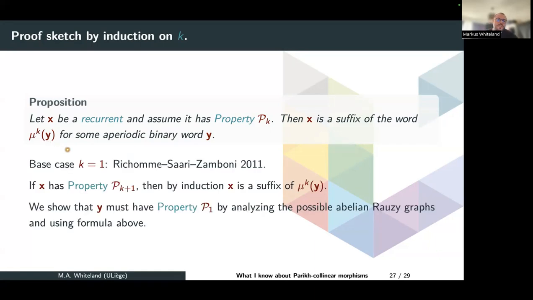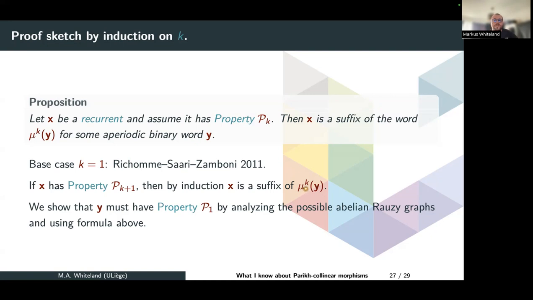The quick proof sketch is that the base case, we proceed by induction, the base case is this result of Grisham, Sari, and Zamboni. And then inductively, if you have a word that has property k+1, then it will have property pk, and thus it has to essentially be the kth image of the word.